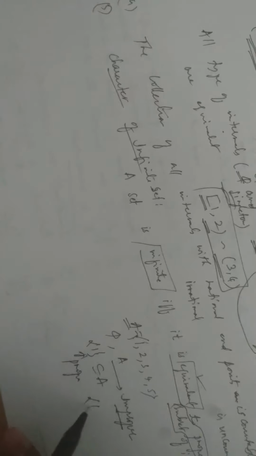These are called improper subsets. If I have any set which is a subset of this, for example the singleton {1} is a subset of A, this is proper. Or else {1, 2} is a subset of A, this is proper. Is it clear?